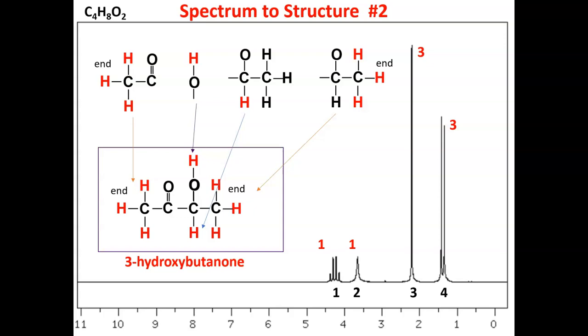We also have evidence of a CO single bond, which of course is the carbon with the H on it, and that clearly also has an OH. So the OH group by itself doesn't split, of course, and then we have the other terminal methyl group, which, as you can see from our structure, is the group on the end.